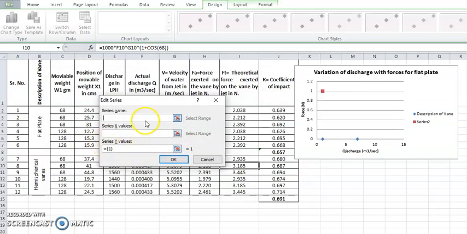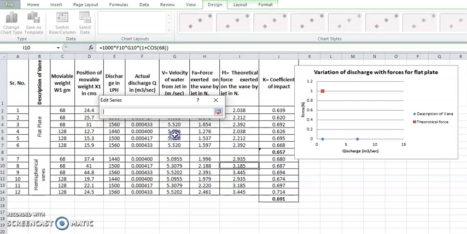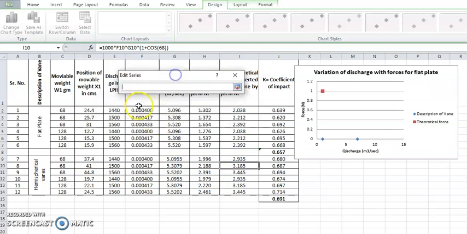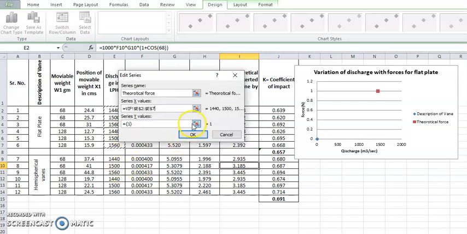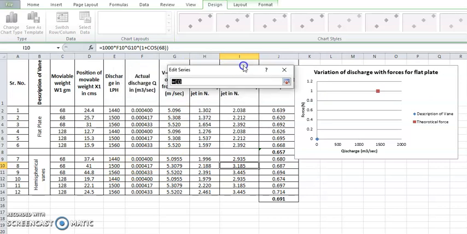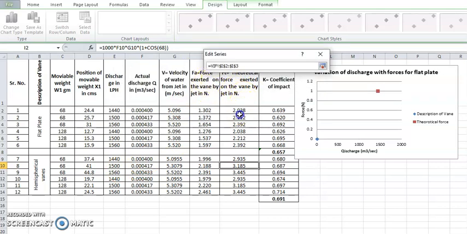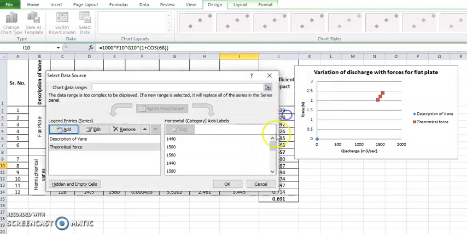And you can add the actual series. You can add, say, series name theoretical force, X values. By default we have this discharge, which you can take in terms of the LPH also, because you have to show the trend. And on y-axis, since it is theoretical, you can choose this. This will complete your series for theoretical force.